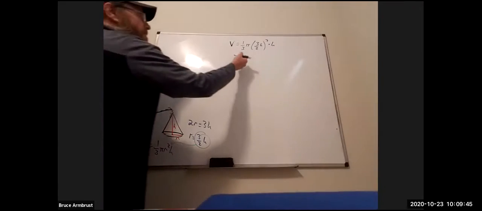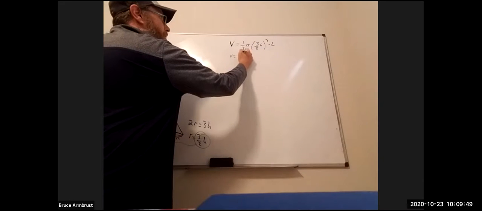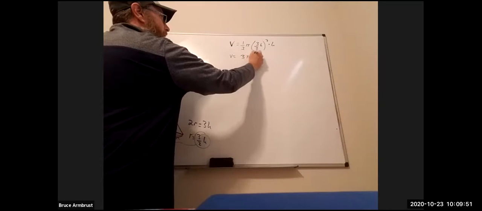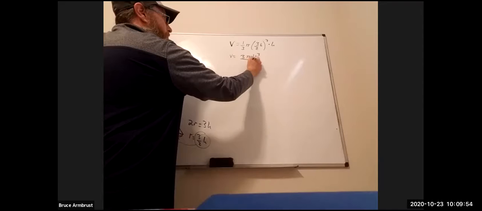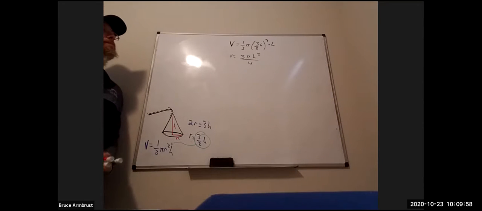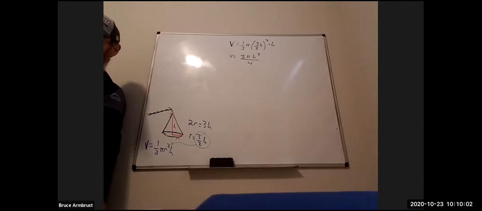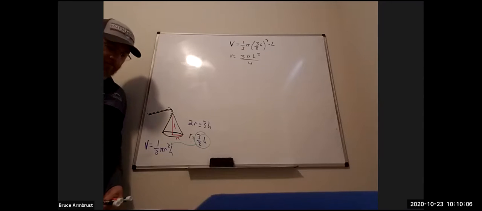If I square, simplify a little bit, we get V is equal to 3 pi h cubed over 4. So the h cubed, hopefully you see where that comes from, h squared times h. And the rest of this gets us here.